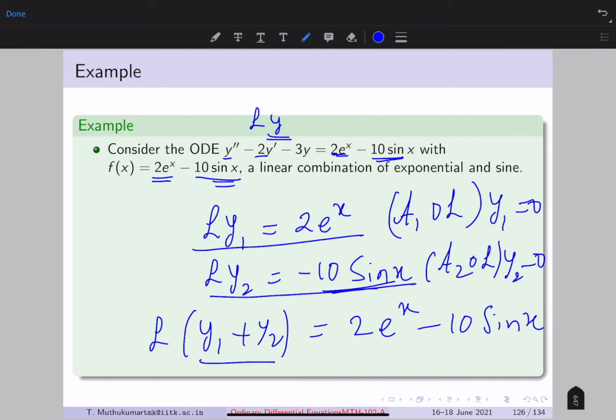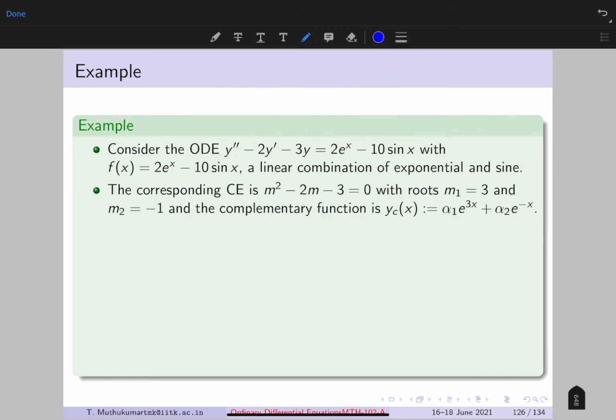Then if I sum them, what I get is a1 composed with Ly1 and a2 composed with Ly2 is 0, which is something similar to this. So we can actually use separate annihilators and then combine them.